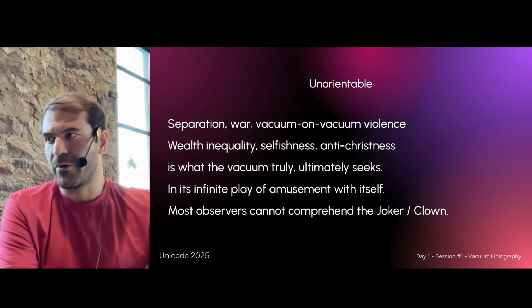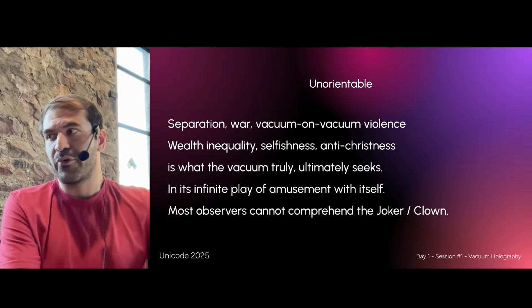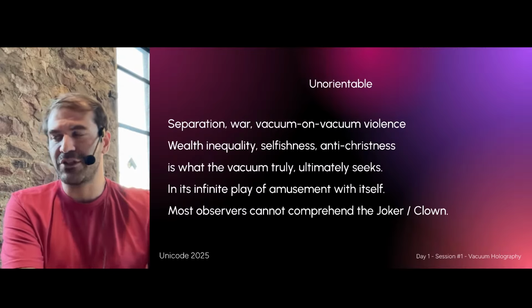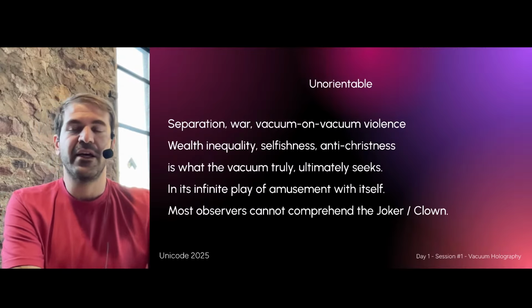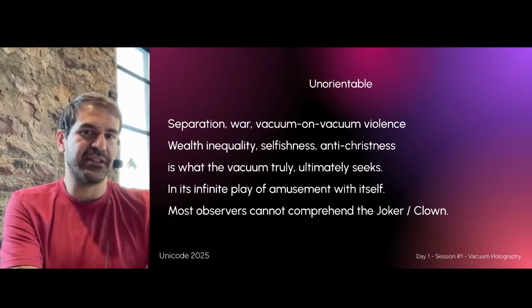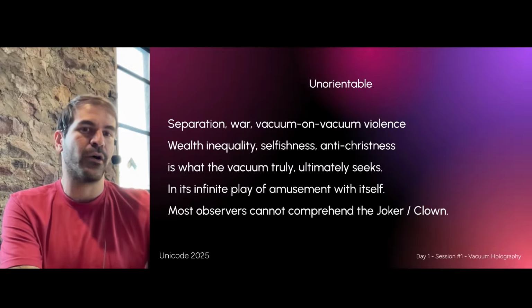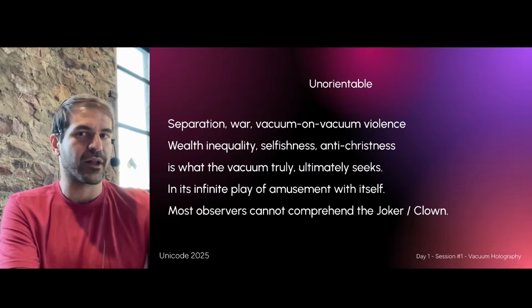So why unorientable? Separation, war, vacuum on vacuum violence, wealth inequality, selfishness, antichristness is what the vacuum truly ultimately seeks. In its infinite play of amusement with itself, most observers cannot comprehend the joker or the clown.